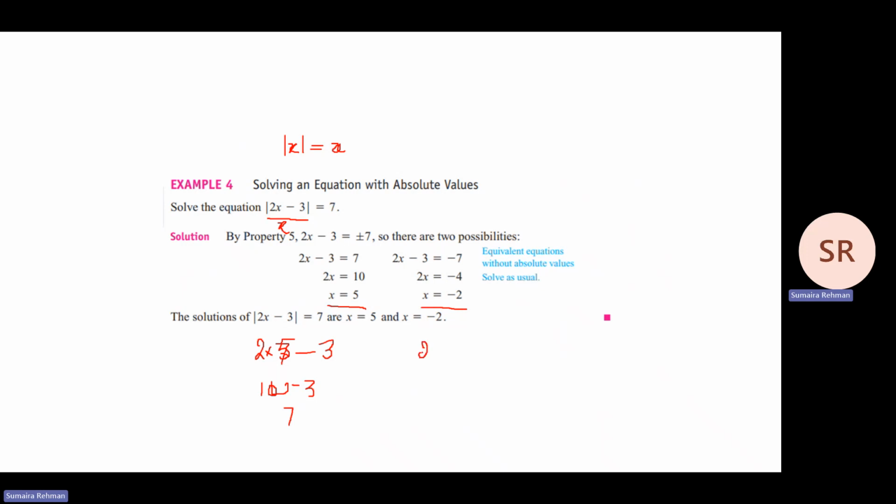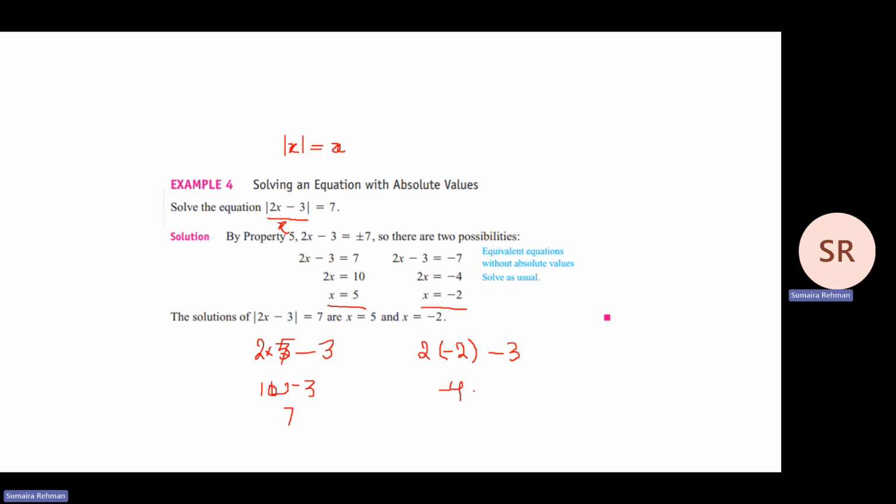So here we have 2 now into, instead of x, this time negative 2. Now minus 3. So what will that give us? Now you can multiply, but the minus will be as it is.